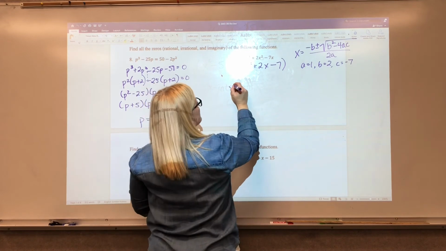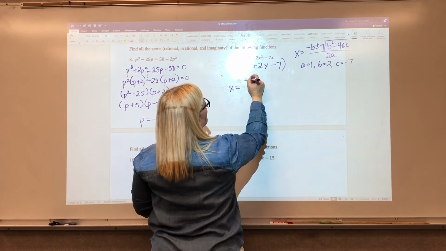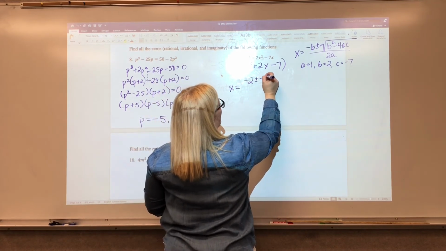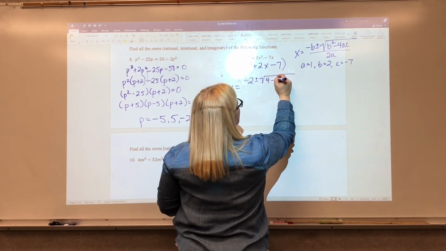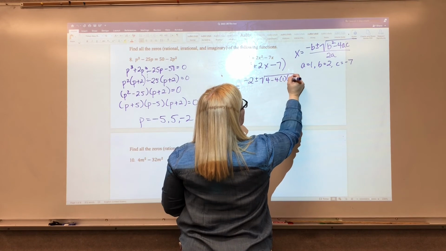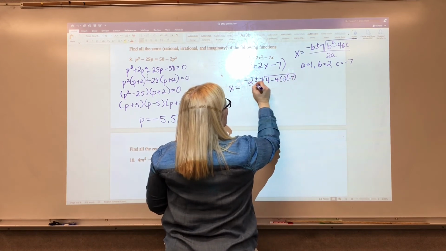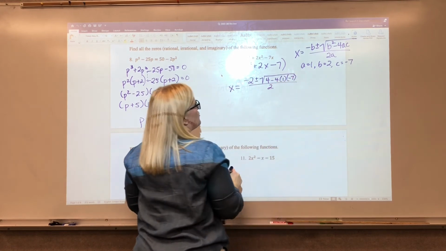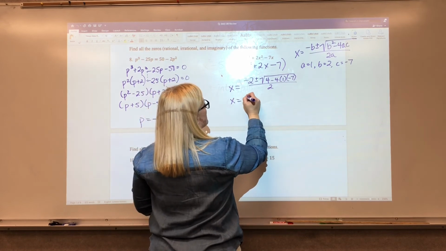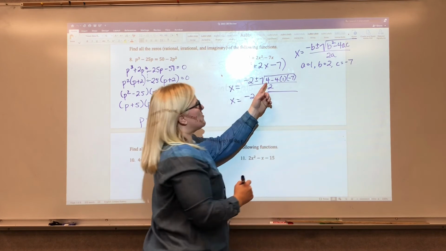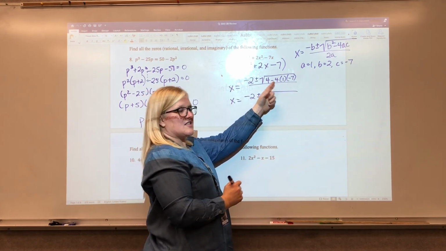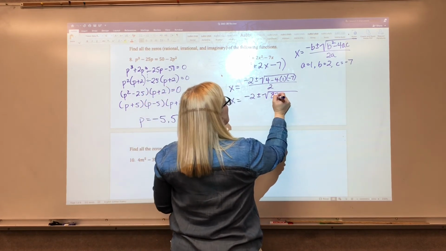So I have x equals negative b plus or minus the square root of b squared, which is going to be 4, minus 4 times a times c, over 2a, which is 2. So now x equals negative 2 plus or minus the square root of, this is going to be 4 plus 28, which is 32, over 2.